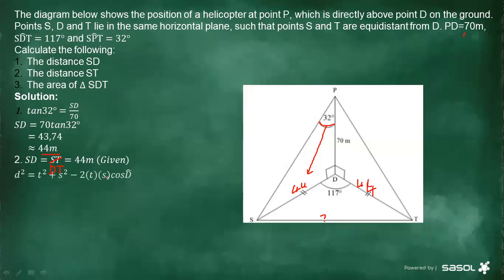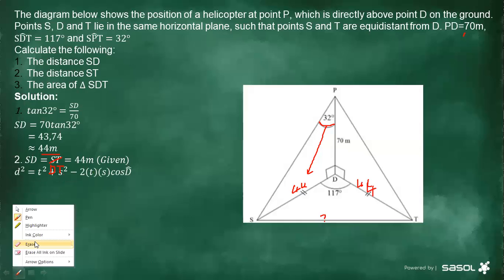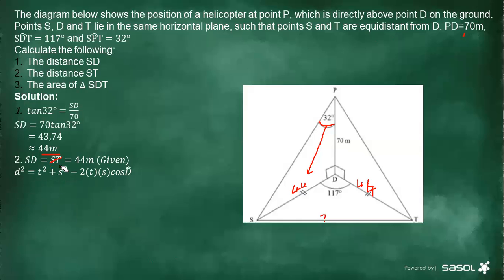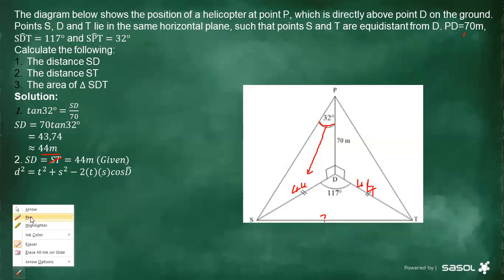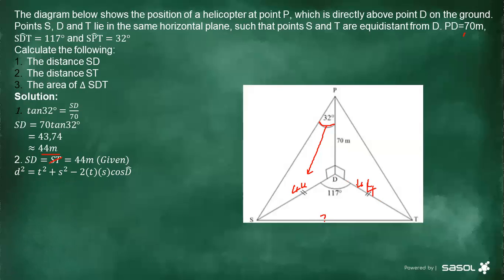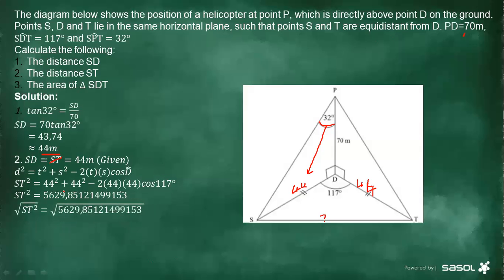From there we are going to use the cosine rule, because we have two sides and one angle which is between them, this angle of 117. You substitute the values, press your calculator, and take the square root of both sides to get rid of the exponent 2. The answer for ST is 75 meters. That is the correct answer.